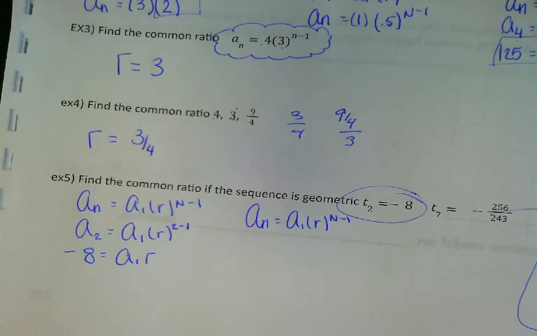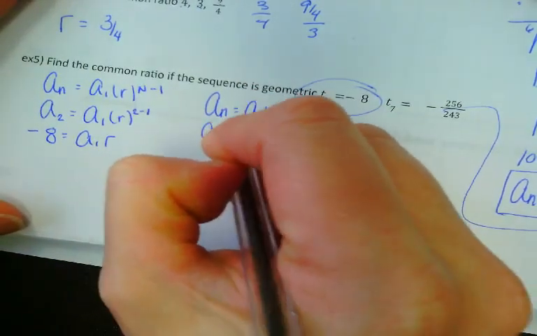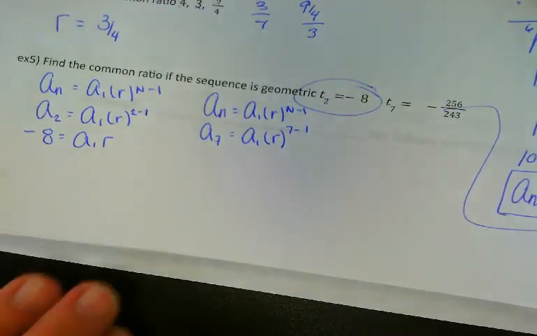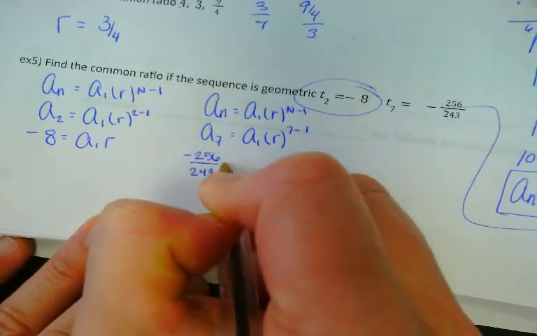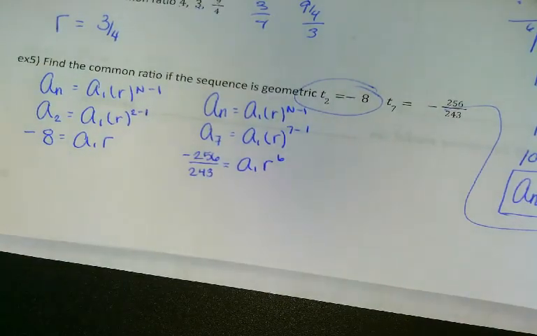Sub in a sub 7. Replace all your little n's with a 7. How do those two equations compare to yours?